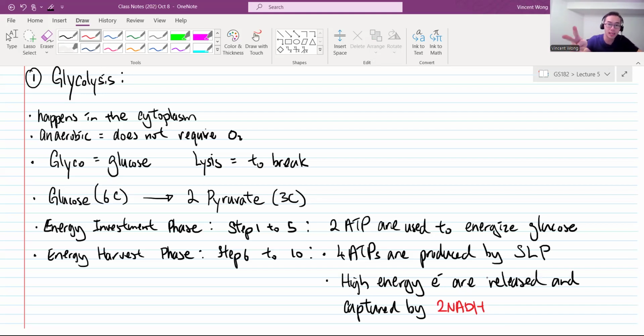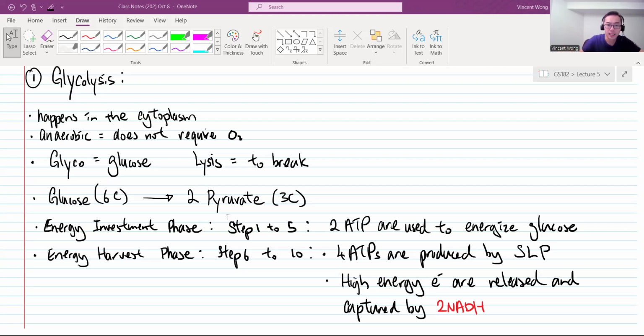So that's actually a pretty good investment. If you invest 2 ATPs and you get 4 ATPs back, how many ATPs did you actually make? It's not a trick question. Just want to make sure that you understand this. If you invested 2 ATPs and you get 4 back, how many did you actually make? 2, exactly, right?